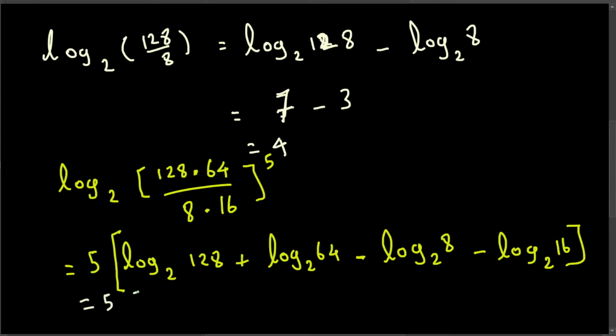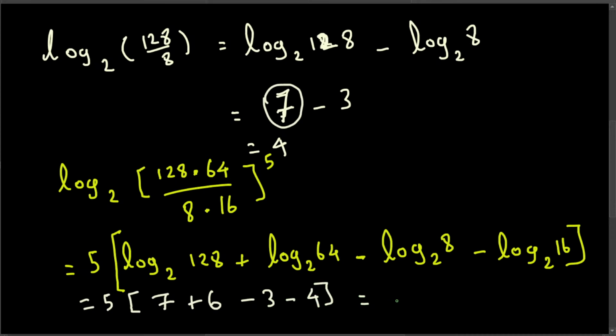So 5 times, here, 2 power what gives us 128? 2 power 7 is 128, so we put 7 right here, and then 2 power what gives us 64? 2 power 6 is 64, so we put that here, minus 2 power 3 is 8, so we put the 3, and then 2 power 4 is 16, minus 4.